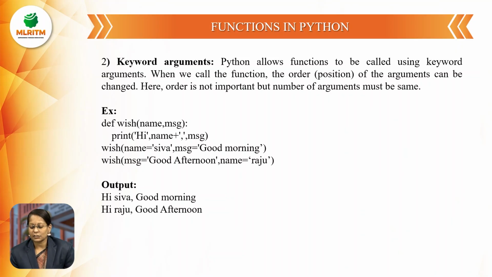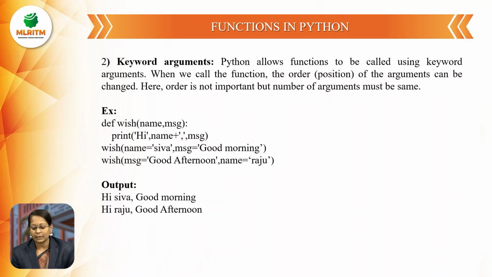Python allows functions to be called using keyword arguments. When we call the function, the order of the arguments can be changed. Here, order is not important, but the number of arguments must be the same. Why? Because here we are using the keyword and the value.